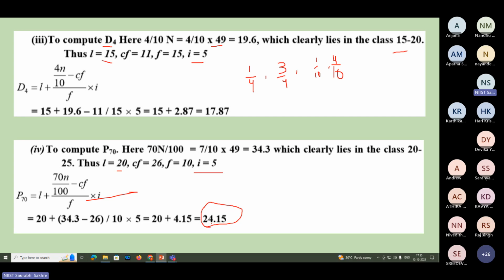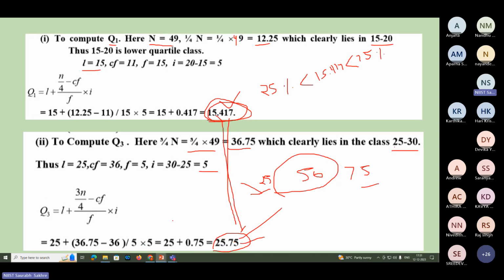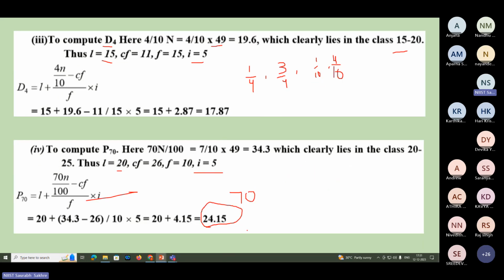Now I want you to observe one more thing. This is 70 percentile, right? Earlier we have calculated Q3, quartile 3. So that was 75%, right? So it is slightly 1 or 1.5 marks above the 70. It is 25.75 and this is 24.15.